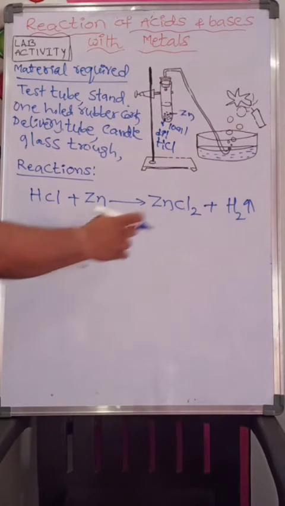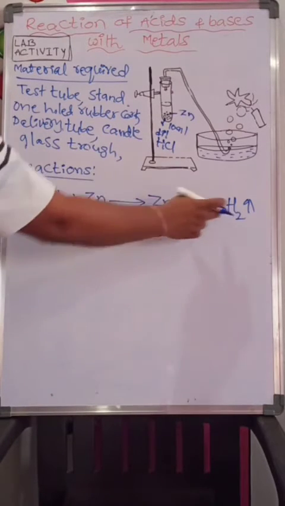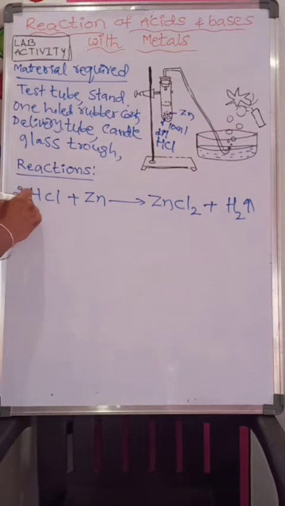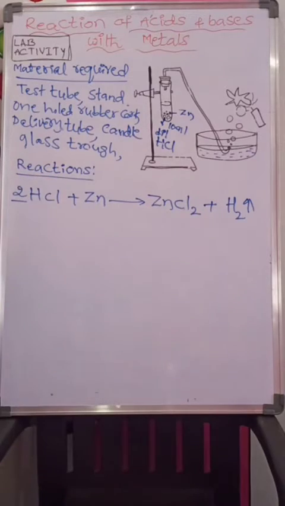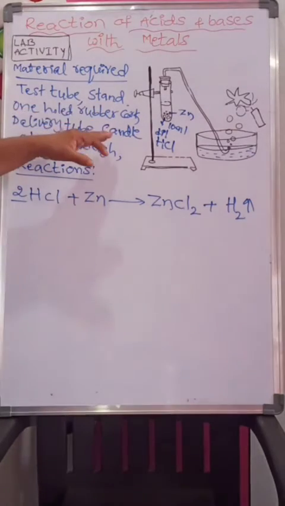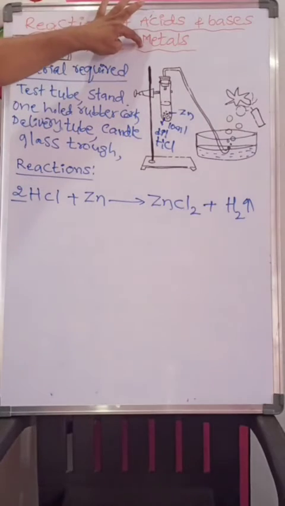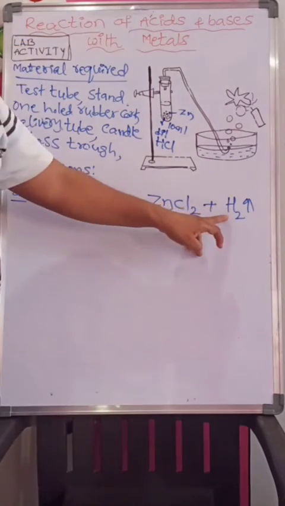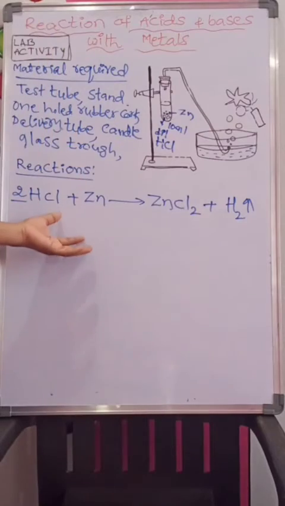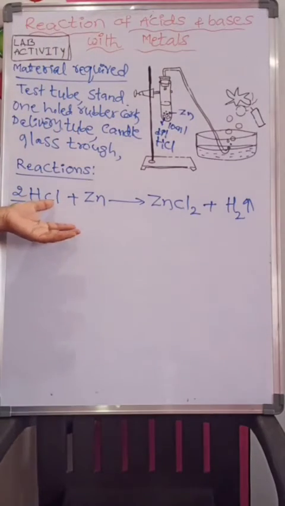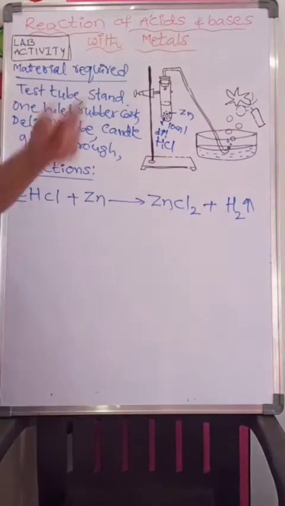Balancing the equation, we get 2 chlorines, 2 hydrogens, so we put 2 for HCl. This is the reaction. So what is the conclusion here? When acids react with metals, we get hydrogen gas. This is the activity about the reaction of acids with metals.